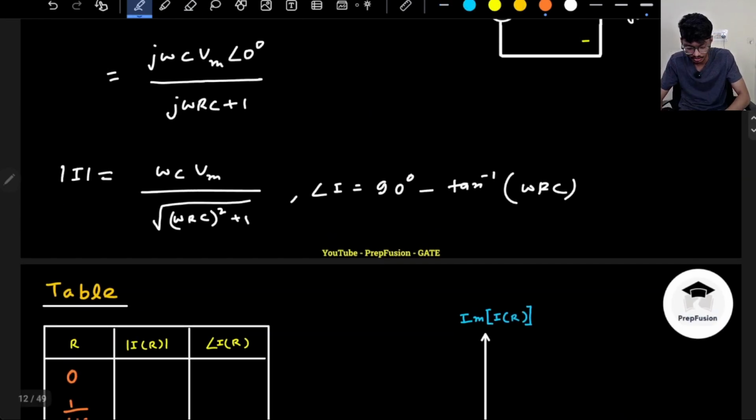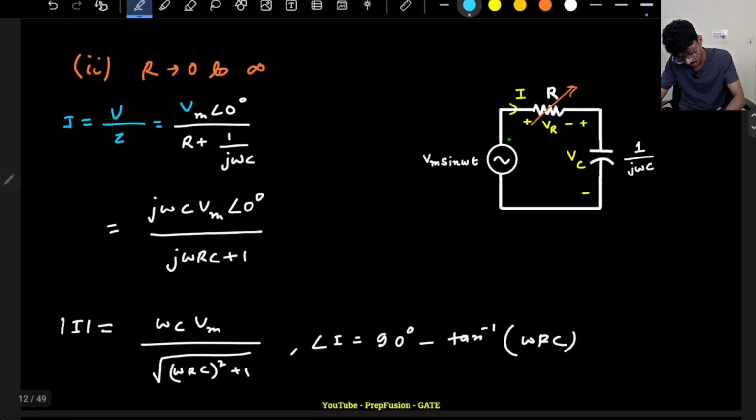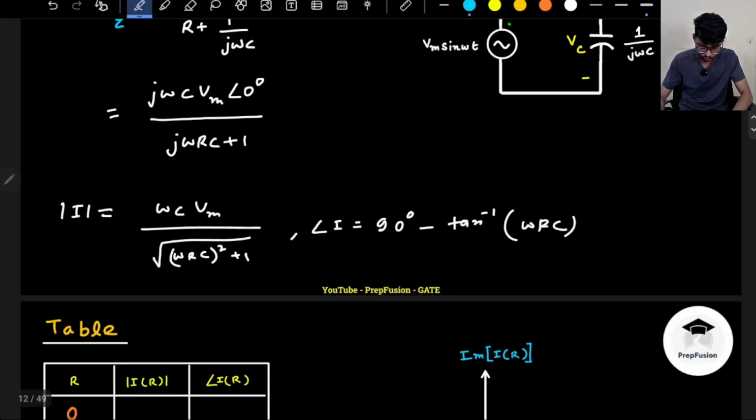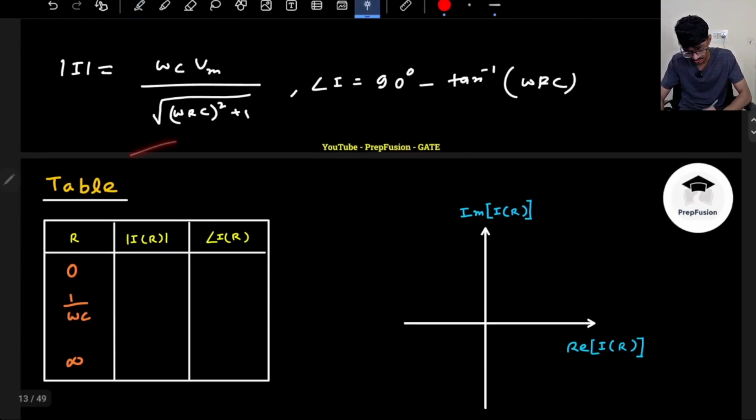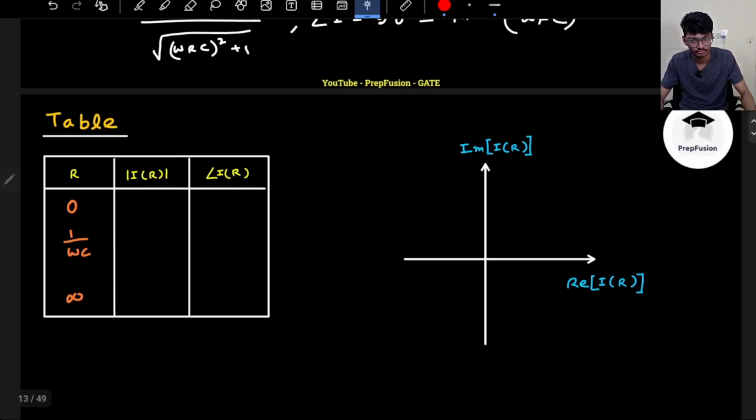So now it is a function of r, because omega is not varying, omega is constant, but r is a variable. So if r is a variable, at r equal to 0, what is happening? At r equal to 0, it is simply omega c into Vm, that's it.